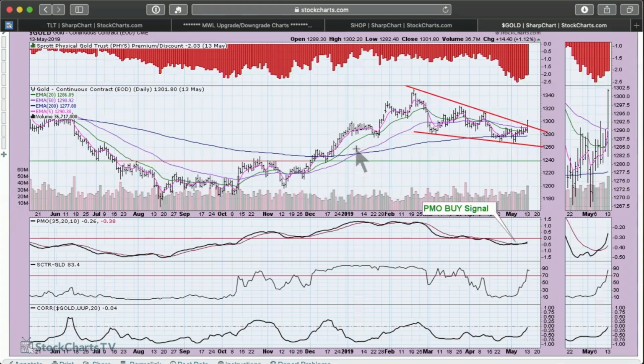So back here in the beginning of January, we got the moving average crossover in the long term. So that gave us a long-term trend model buy signal. And also put gold in a bullish configuration, in a bull market configuration. We kind of say that when you get that crossover to the upside, you're now in a bull market as far as that stock or index or whatever you're looking at.